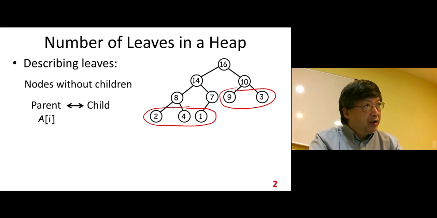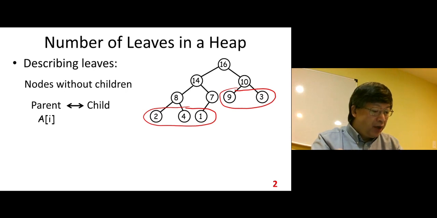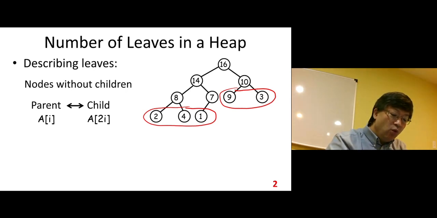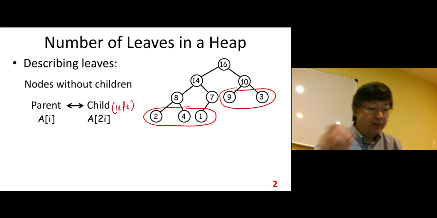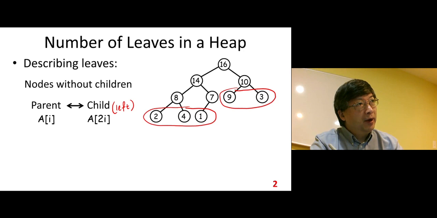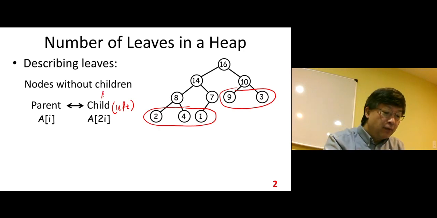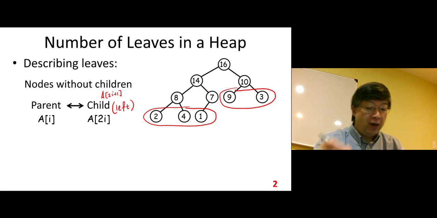If the parent node corresponds to A of i, then the child 2i corresponds to the left child. Not the right child. The right child is 2i plus 1, right?